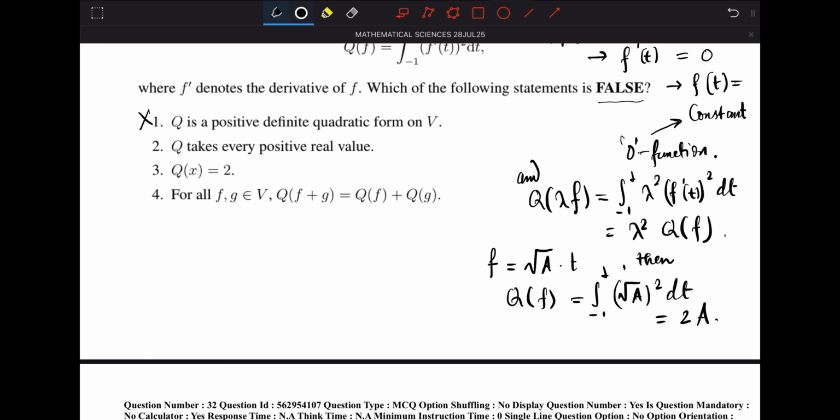As a is arbitrary, we have Q takes every positive real value, so we will not take this because this is a true statement. And Q of x equal to the integral from minus 1 to 1 of dt, which is 2. That means this is also true, so we will not take this.